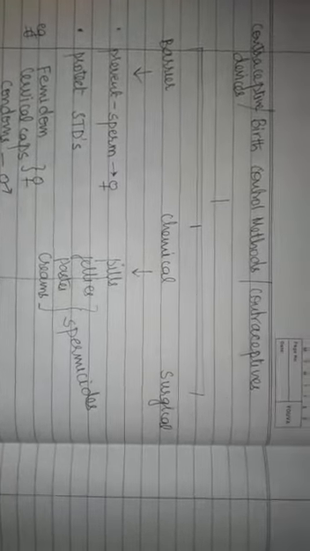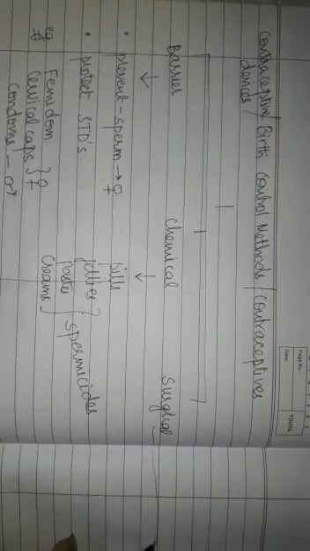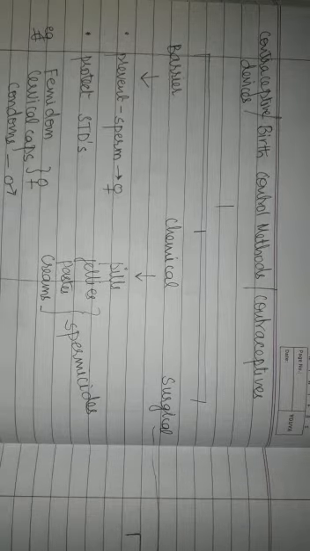Now, the third category of contraceptives is the surgical methods, that is by some small surgical operations, the pregnancies can be avoided permanently. Surgical operations in males to avoid the birth of the child are called vasectomy, and in females this surgical method is called tubectomy.